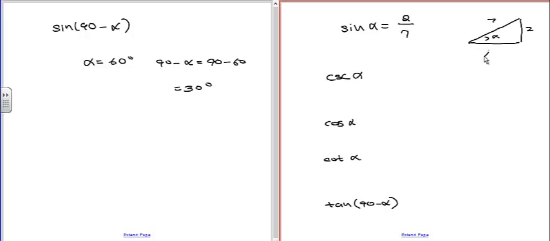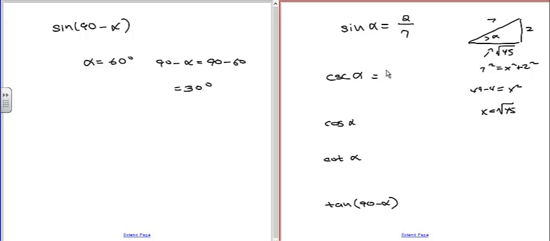To get the adjacent side, you say 7 squared is equal to x squared plus 2 squared. So this squared is equal to that squared plus that squared. You get 49 minus 4 is equal to x squared. 7 squared is 49, 2 squared is 4. So you get x is equal to the square root of 45.